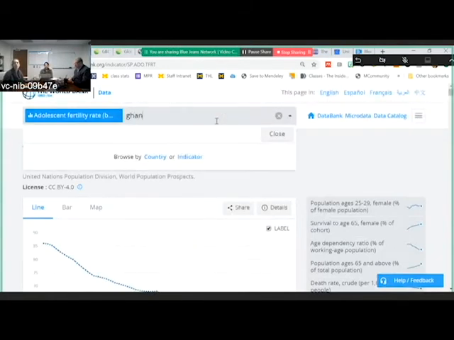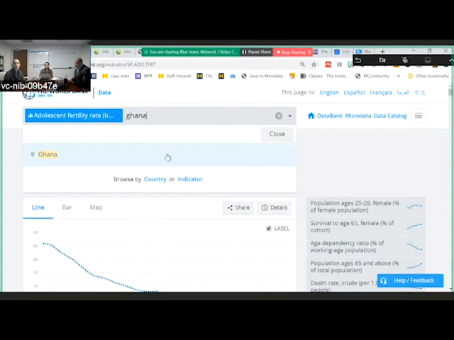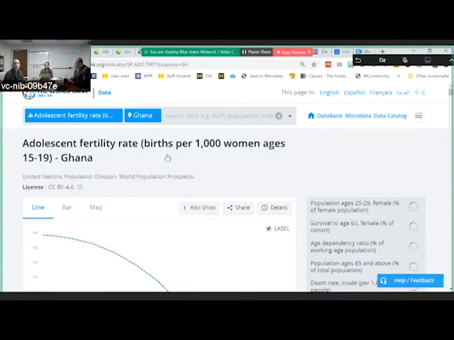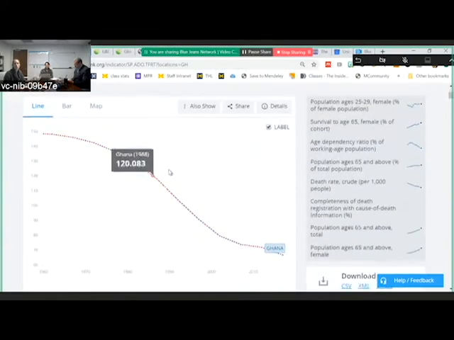Slowly typing. As I do, I get the link I want. So now I'm looking at it from Ghana. But this information means nothing unless I can compare it. So again, this is a line graph from 1960 to 2017.